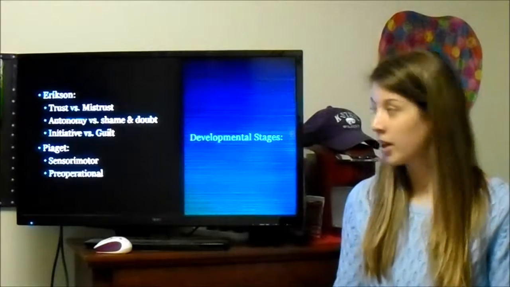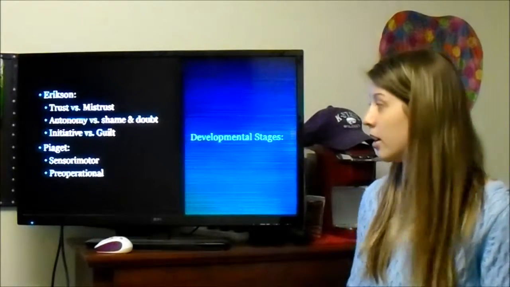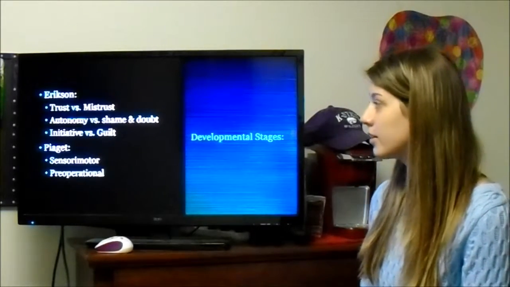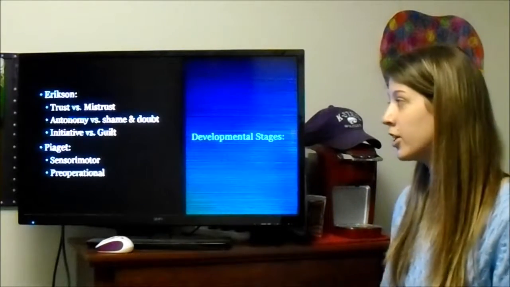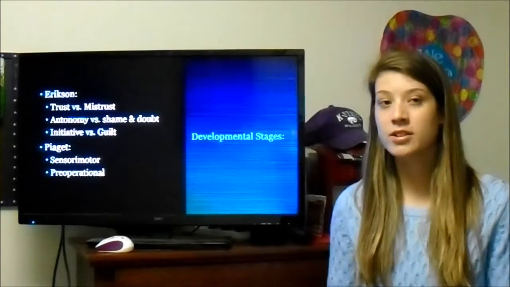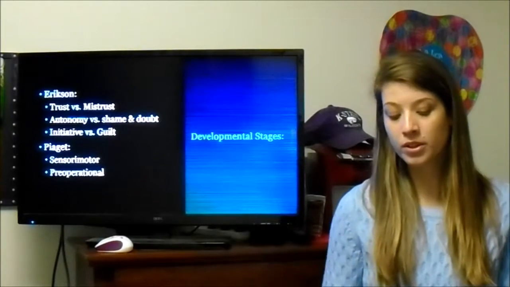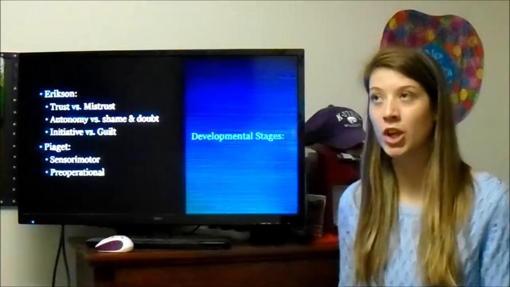According to Piaget and Erickson, these are the two main theorists that have talked about child stages. And the Erickson trust versus mistrust, and that is the parent is the most important person in the child's life, and so they need to be there for their child.